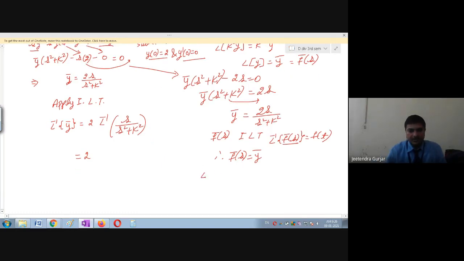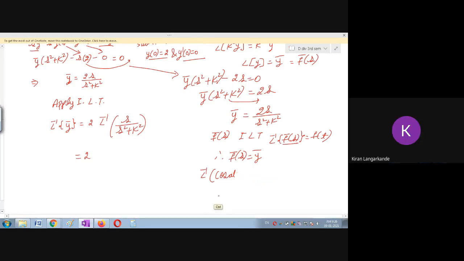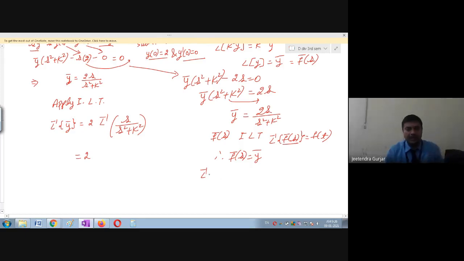So you can see this is L inverse of cos at is equal to s upon s square plus a square. But please remember, here they have given k. So s upon s square plus a square is equal to cos at.